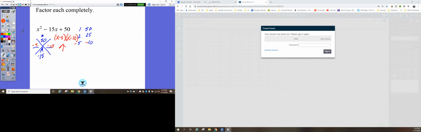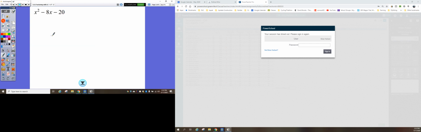All right, let's look at another example. Again, I'm going to go ahead and set up my x. All right, and I'm going to look for two numbers that when I multiply them, I get negative 20. When I add those two numbers, I get negative 8. So we want to know what numbers those are.